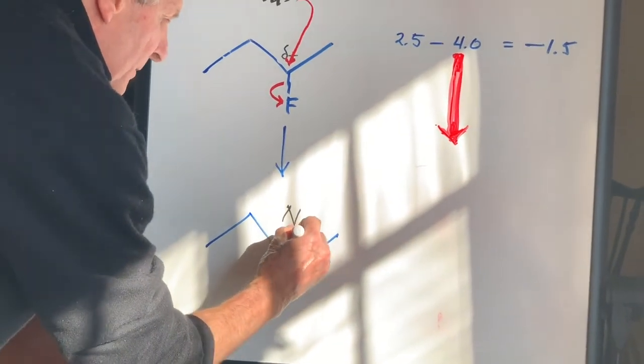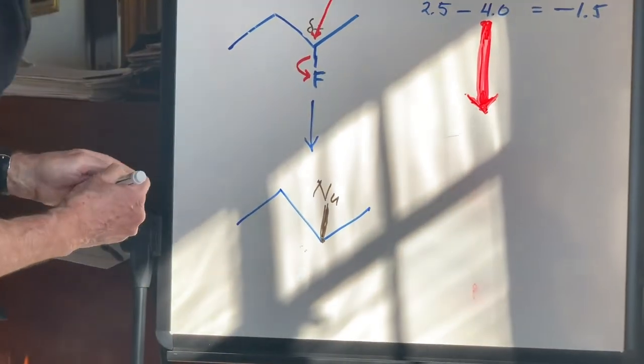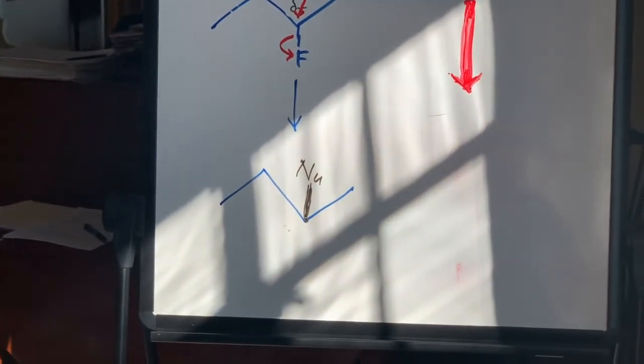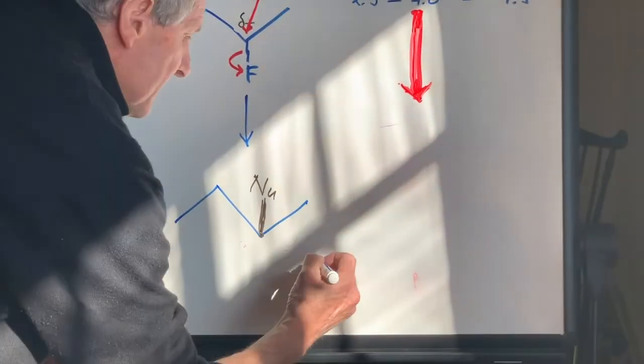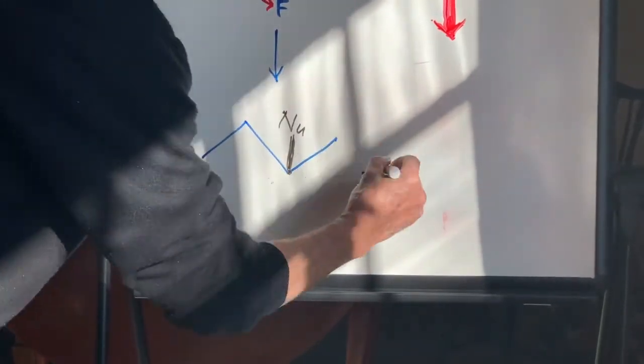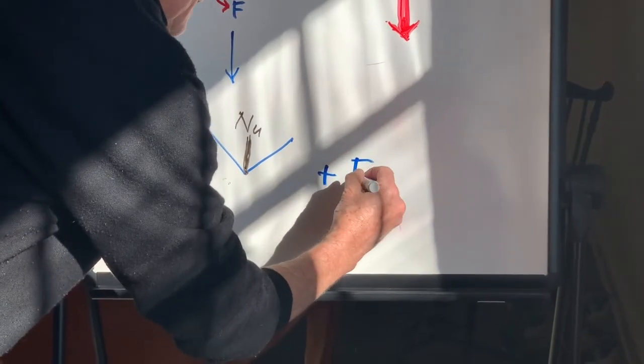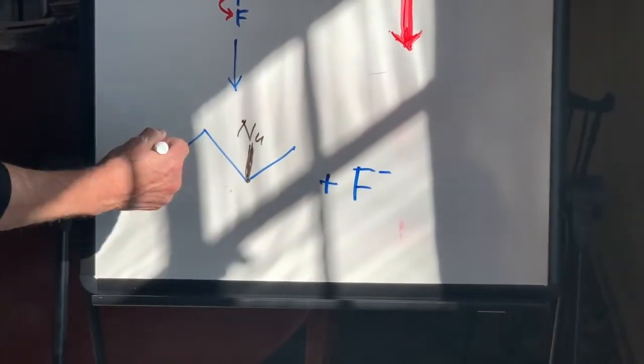That black line is a new chemical bond. Not drawn the way we usually draw them, but you can deal with that. And the fluorine in this case is separated from the carbon, and it has left with a negative charge.